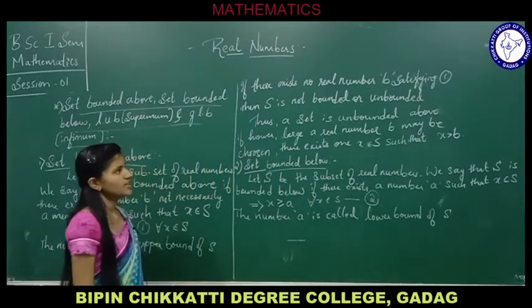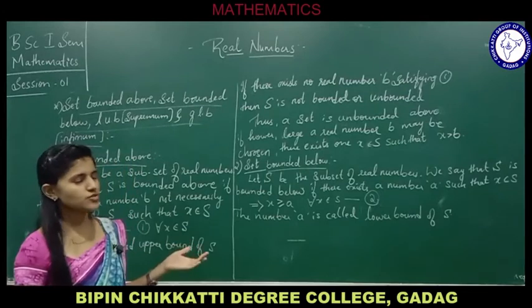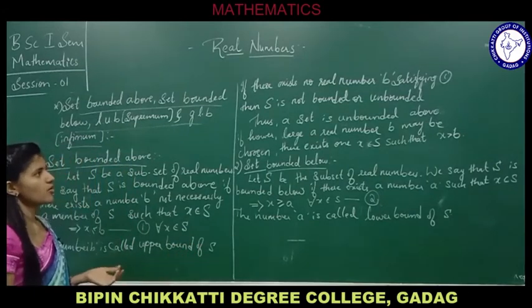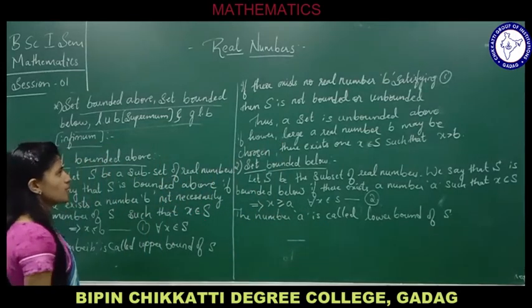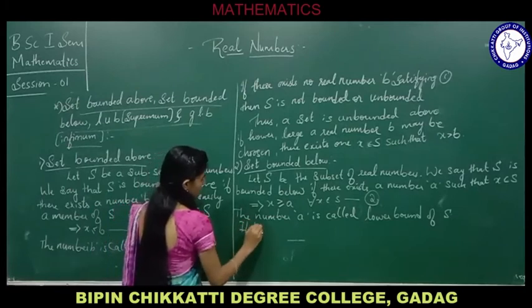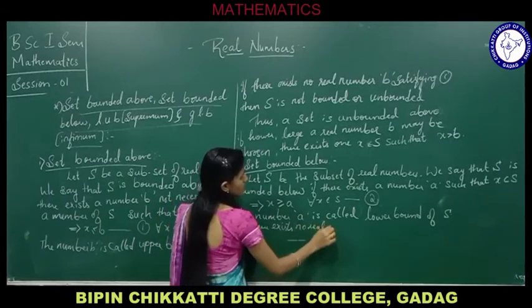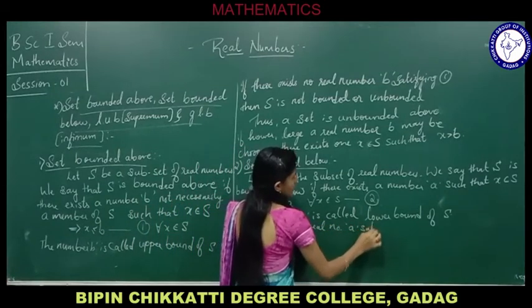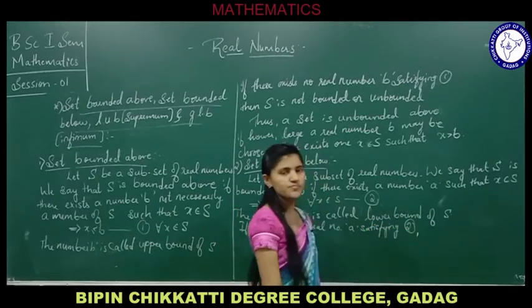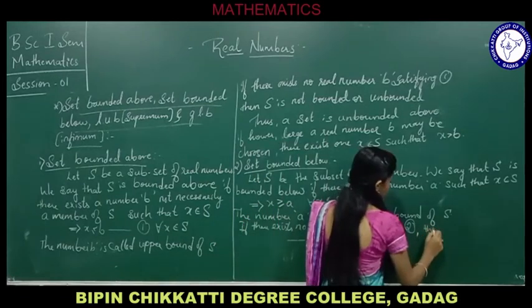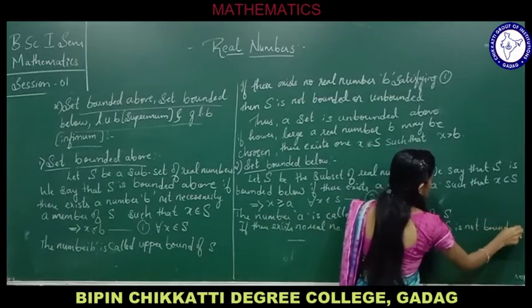In the same way, if there exists no real number A satisfying equation 2, then we say that S is not bounded below.